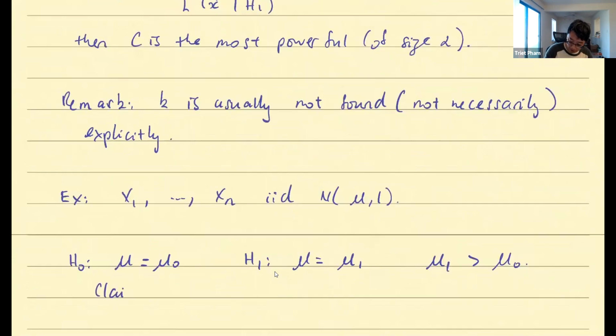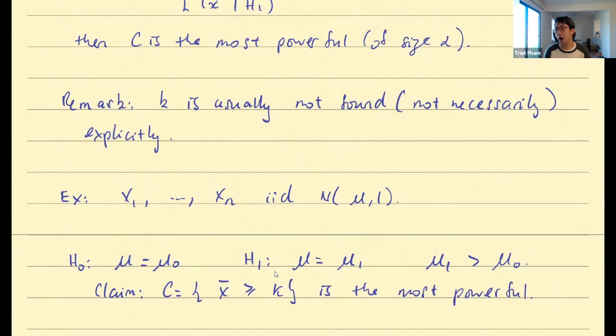My claim is that the rejection region is the most powerful, or maybe a most powerful. The word "the" and "a" here is a little bit kind of whatever, but it's the most powerful of some size.